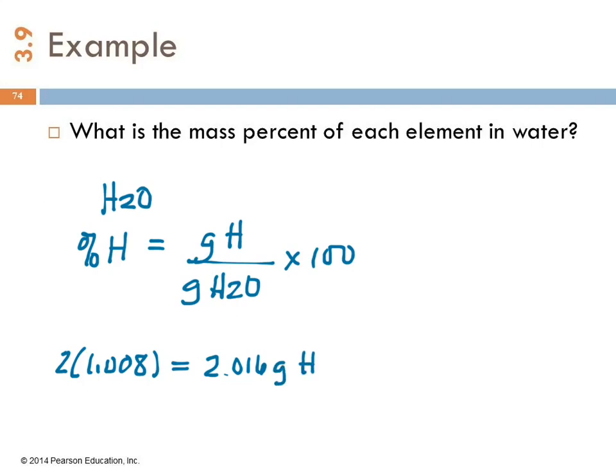What's the mass of 1 mole of water? 18.02. It's the mass of the hydrogen plus the mass of the oxygen. And so the calculator will actually show you 18.016 grams of water.